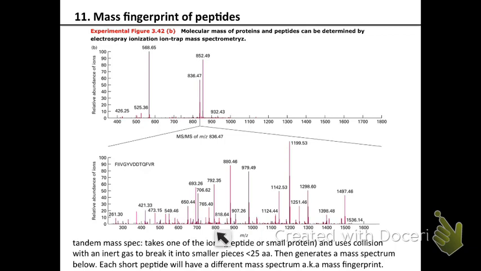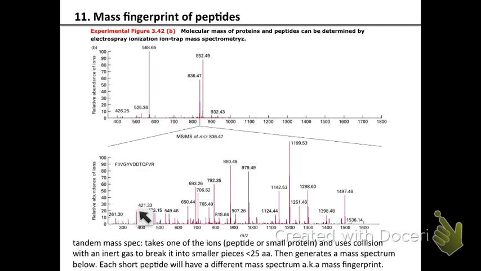This spectra is basically coming from a mixture of peptides that are produced from this small peptide. So each short peptide will have a different mass spectrum. Basically, that's what we call a mass fingerprint.